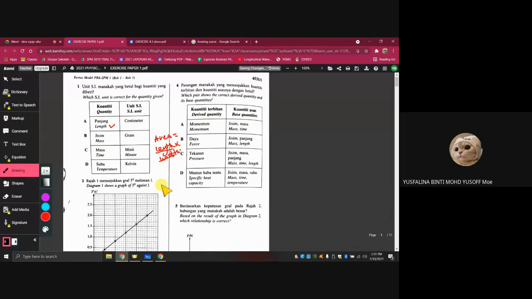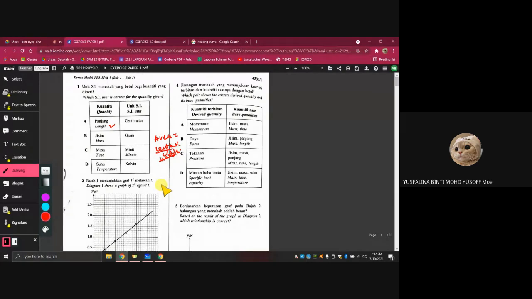So let's refresh. The first one is length. Length is in meter. The second one is temperature, in Kelvin. Another one is mass, in kg. Another one is time, in second. And what else?